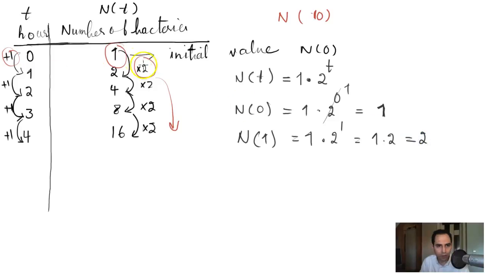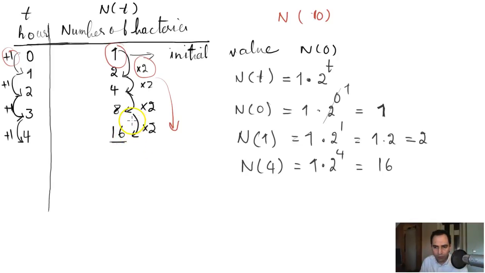And again, when my input is 4, n of 4 is equal to what? It's 1 times 2 raised to the power 4, and 2 to the 4th power is 16. So 1 into 16 is equal to 16, which is the output of the function here.